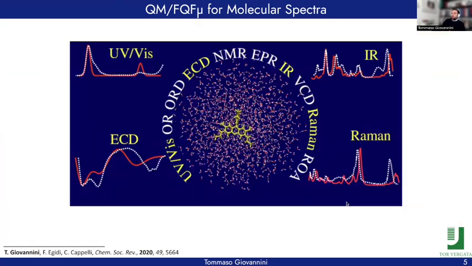Indeed, in the last years, we have done a lot of developments in this context. We have many spectroscopies for which we have an analytical evaluation of the response in these methodologies, in a framework of density functional theory description of the QM part. So you can describe UV-Vis, infrared, and Raman, but you can also calculate chiroptical properties like optical rotation, electronic circular dichroism, vibrational circular dichroism, Raman optical activity, and so on.